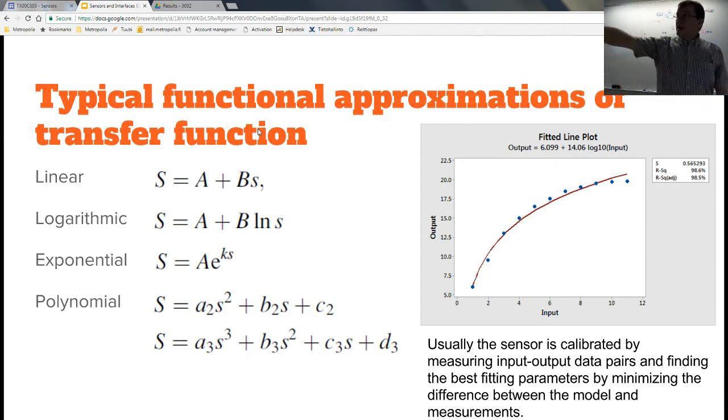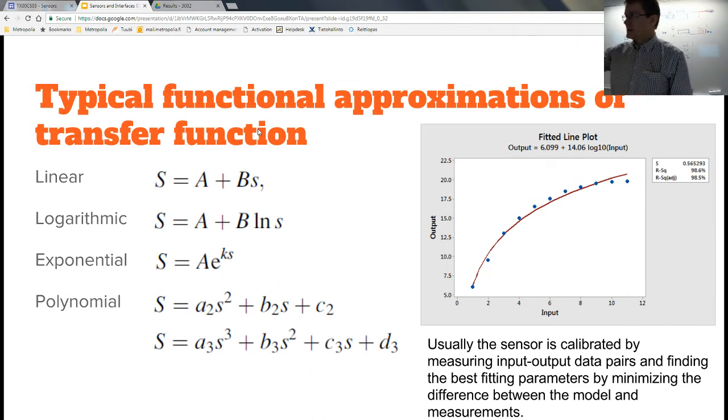But anyways, that's how they usually do. They are close to some calibration curve or the transfer function, but not exactly. So using sensors is very hard practical physics. It's experimental science.